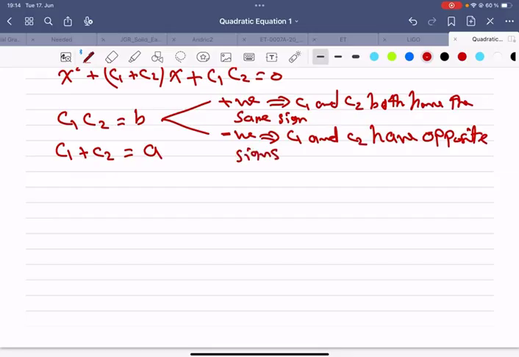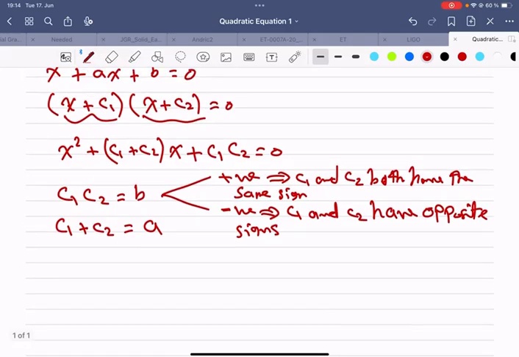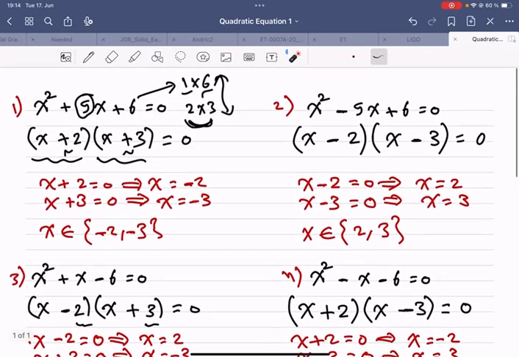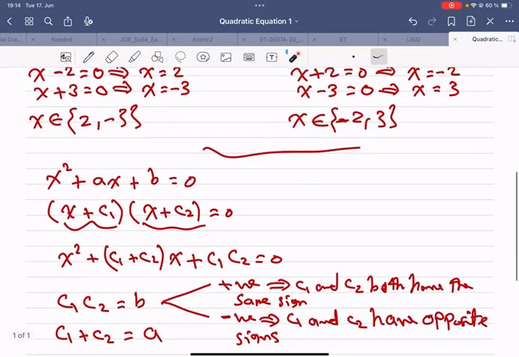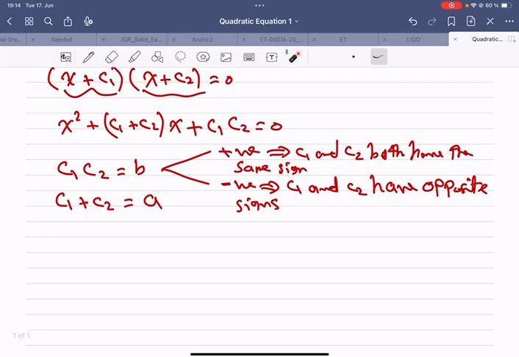Okay. Next thing, for c1 plus c2. If b is positive, like here and here, this means that, as we see here, if a is positive, both are positive. So here we can write it.